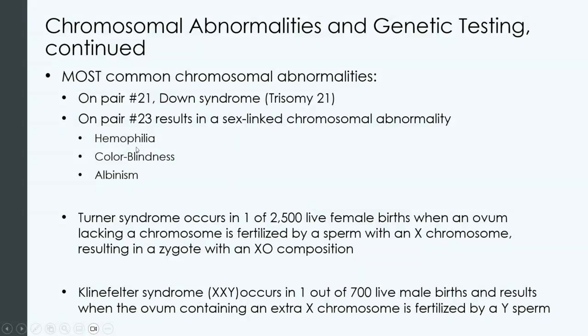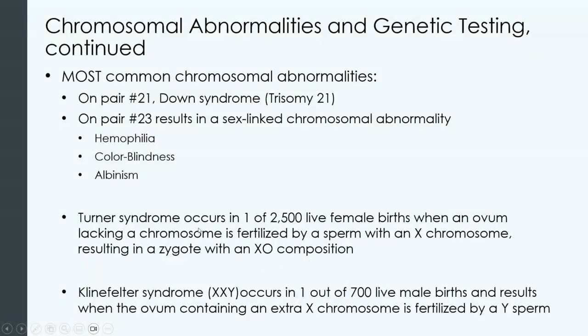So for example, hemophilia, color blindness, and albinism, those are all carried on the 23rd chromosomes, and so those are passed on through the 23rd pair. Also, we can have variations in what we end up with in that 23rd pair. So instead of having a pair, we could end up with just a single chromosome. And that also would be a mutation and a problem.